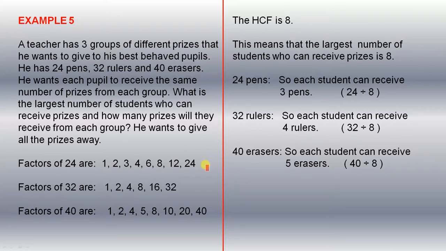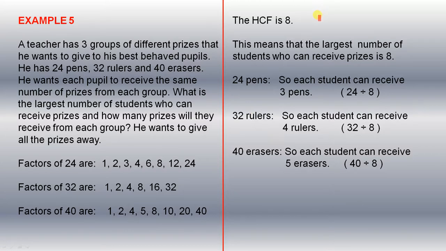Now, there are 24 pens, so the factors of 24 are all these numbers here. There are 32 rulers, so the factors of 32 are all those numbers. And there are 40 erasers, so the factors of 40 are all of those numbers.